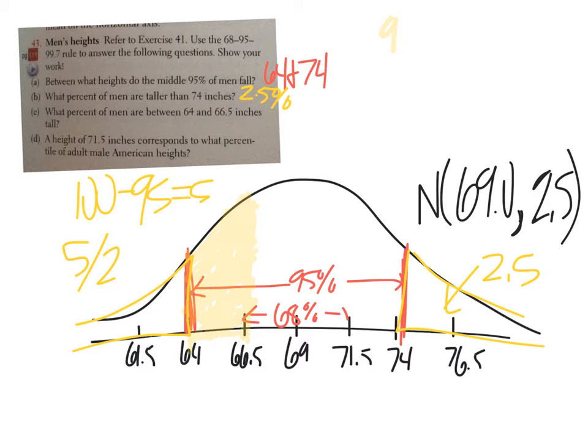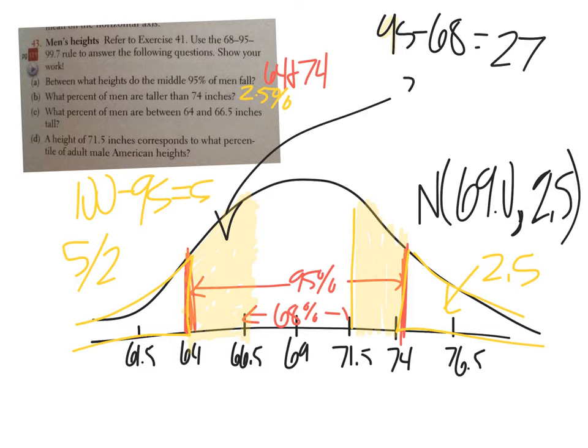Let me switch to a pen. If I do 95 minus 68, that's going to tell me how much area is in both of these sections. Both of those yellow sections down there would be 95 minus 68. That gives me 27. Now if I want just the area in one of those, I would do 27 divided by 2, and that would give me 13.5%.